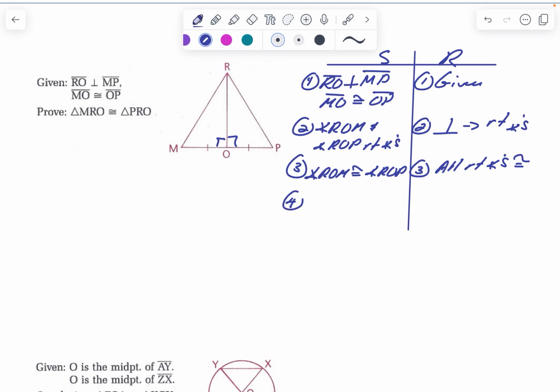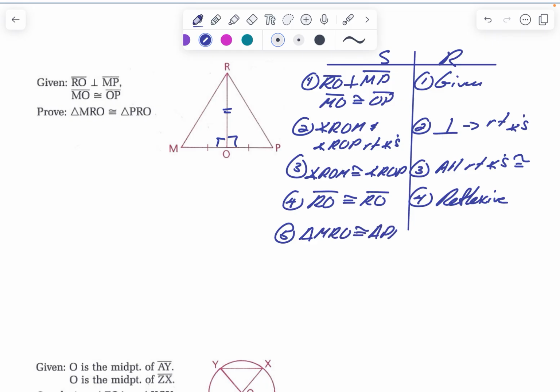Now we need to say RO congruent to RO, reflexive. And finally, we can say triangle MRO congruent to triangle PRO by SAS.